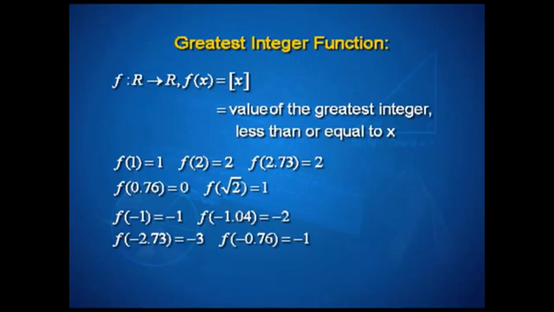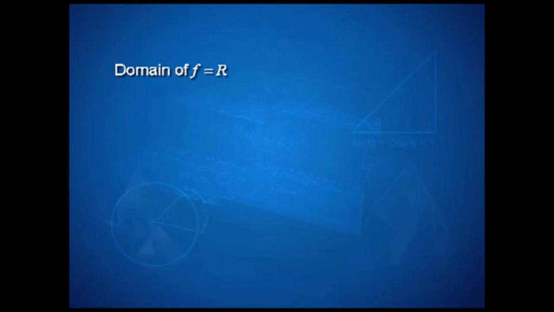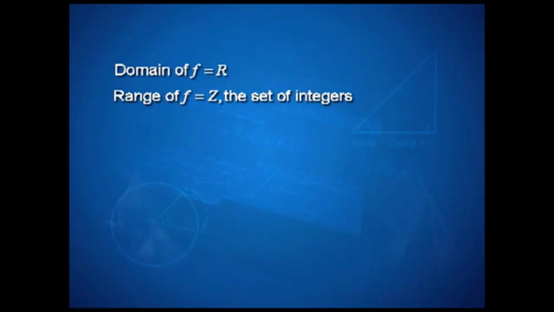Similarly, f of minus 1.04, the greatest integer less than or equal to minus 1.04 is negative 2, and so on. So, the domain of f is all real numbers, but the outputs are always integers, and therefore, the range is the set of integers.